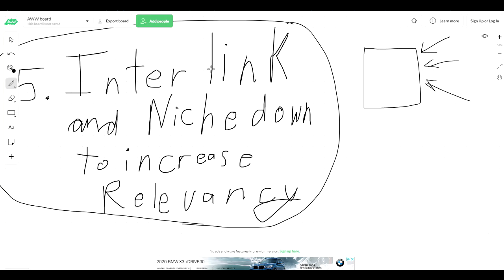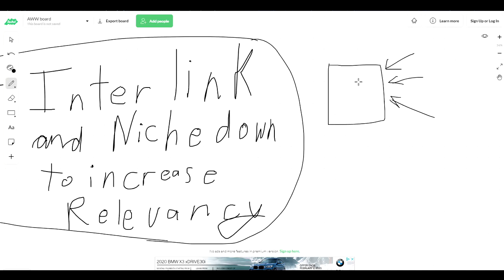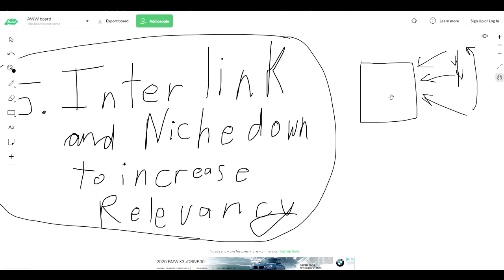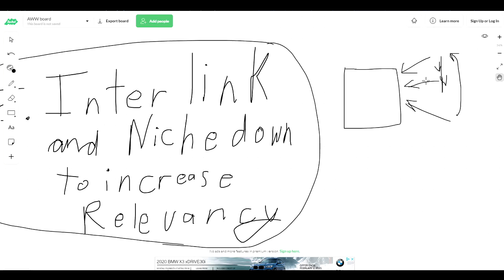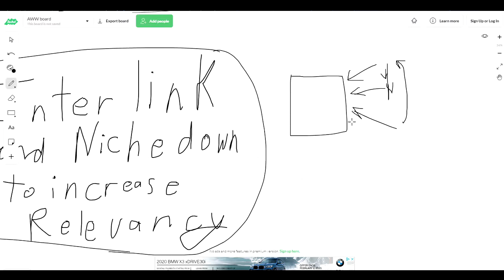The reason you want to interlink is that you not just want to link them out to here, you also want to link in between them. Let's say this one links out to this, and this one links out to the middle one. What this does is it helps Google understand what your website is about.